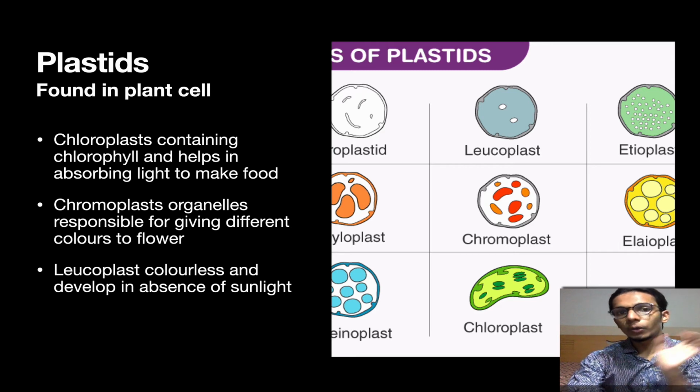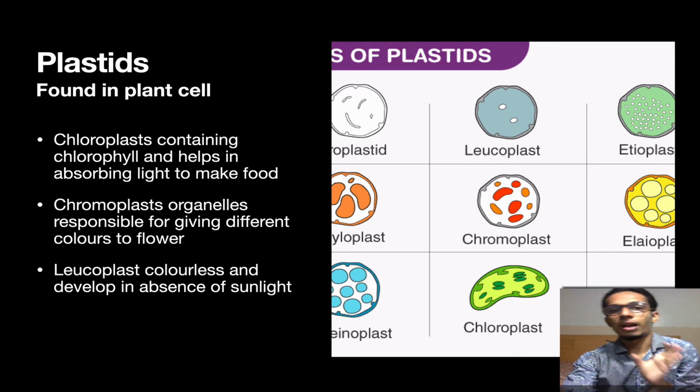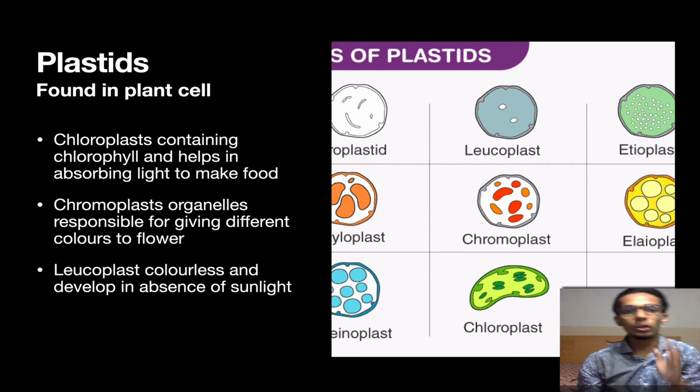While the chloroplast contains chlorophyll, which helps plants make their own food, chromoplasts give color to our flowers, like a red rose gives red color to us. Leucoplast is colorless and develops in the absence of light. If there is a part in the tree where there is absence of light, it starts forming leucoplast.